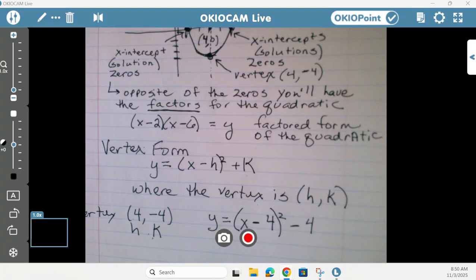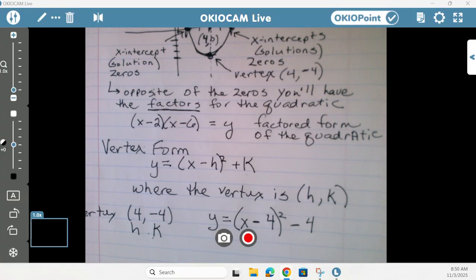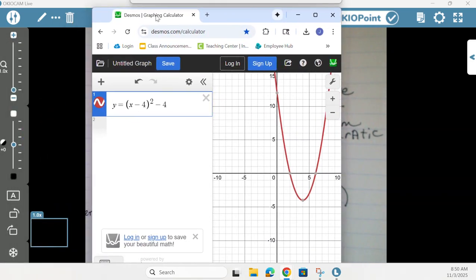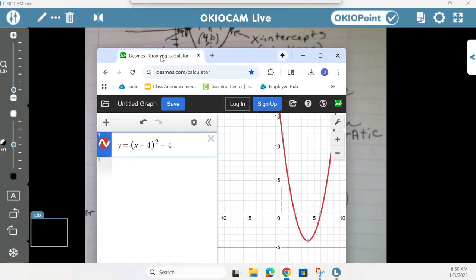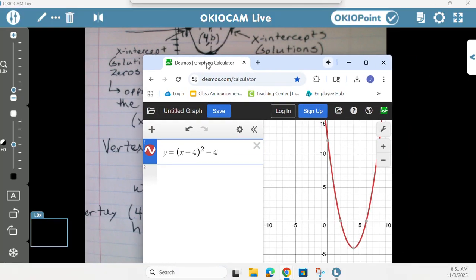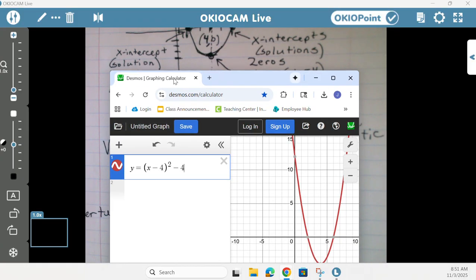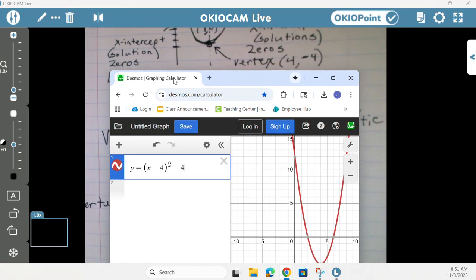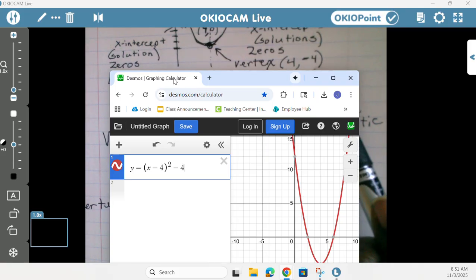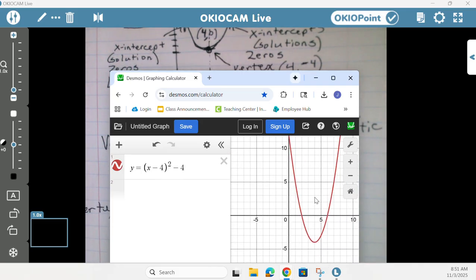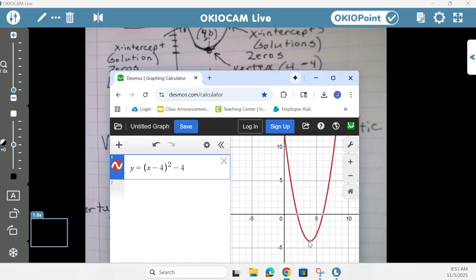And voila. Here it is. My vertex should be at 4, -4. Then if you look at the graph, you'll see my vertex is here at 4, -4.